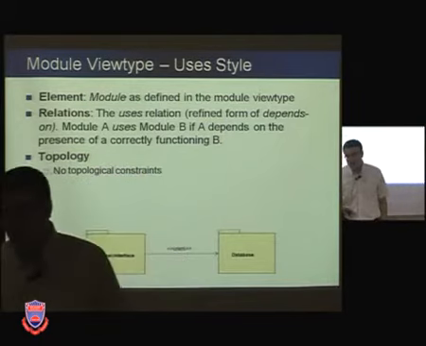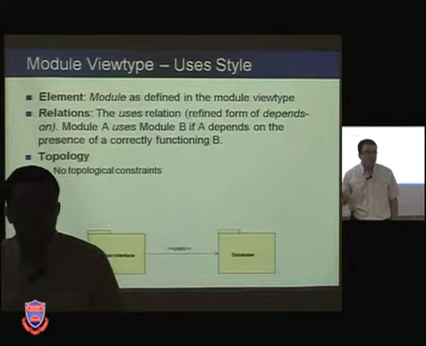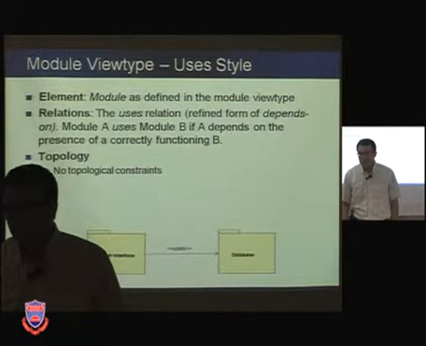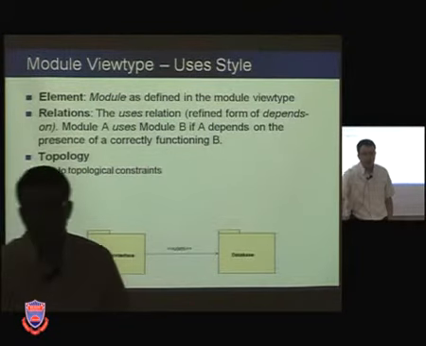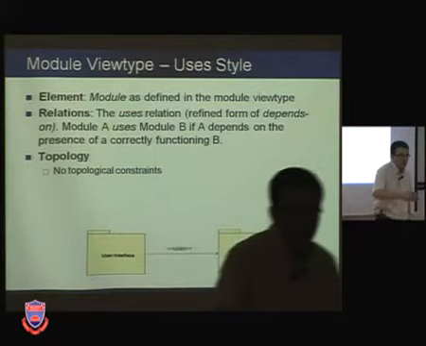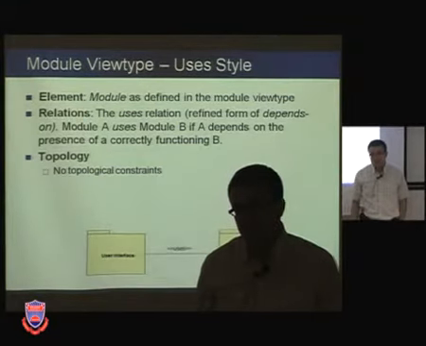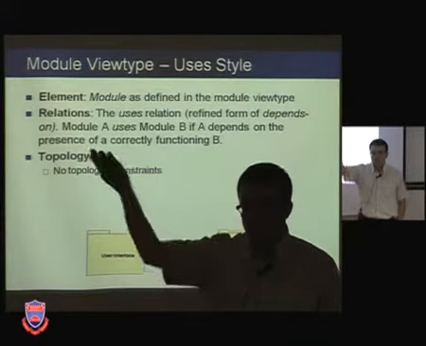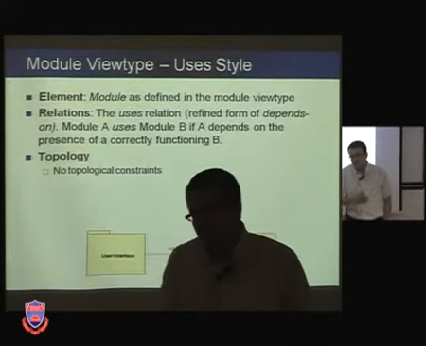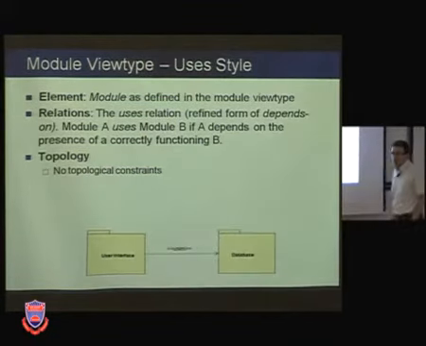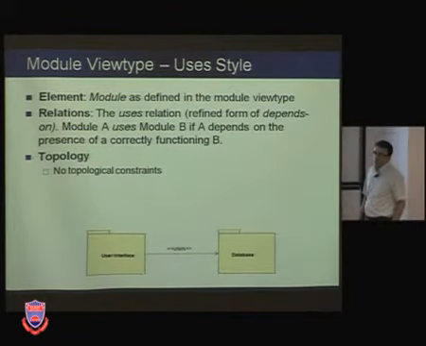You constrain the view type. That's it. A constrained view type. If you say it in 2 words, constrained view type. A view type is a template to describe views, and from which you also describe derived styles. What's a view? It's a perspective on the system from a particular stakeholder's perspective.